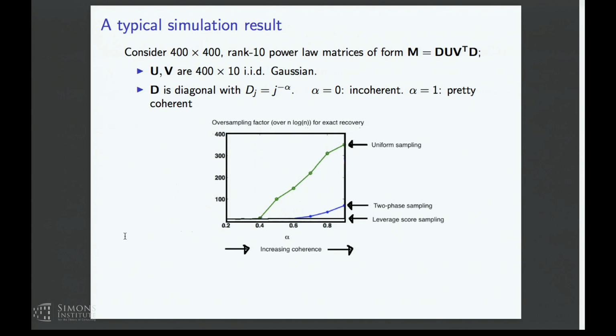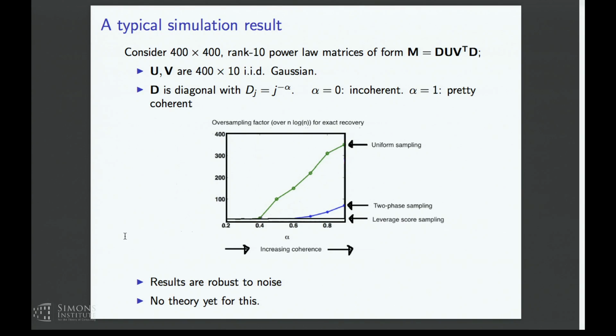Okay, so this suggests that adaptive sampling and matrix completion can really help in reducing the complexity when the assumption of incoherence is violated. So we wanted to look into this, but unfortunately, we could not derive any theory for this.